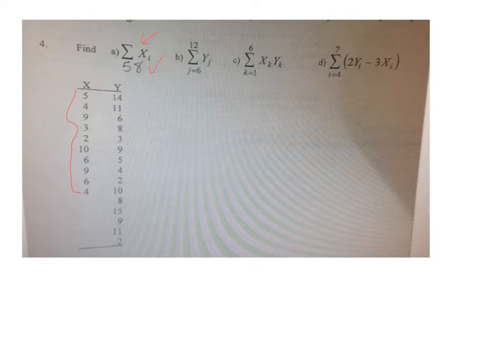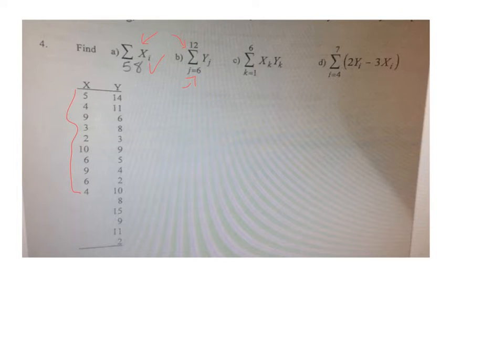For the other questions, the notation is telling you to select different groups of the numbers that you see in the chart and do different things with them each time. For instance, for B, what B tells you to do is start at the 6th term in the Y series and go to the 12th term.